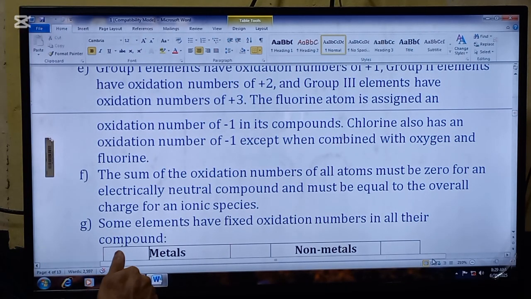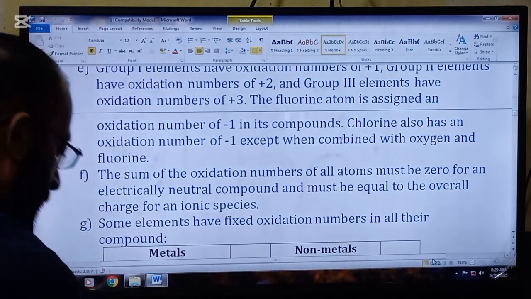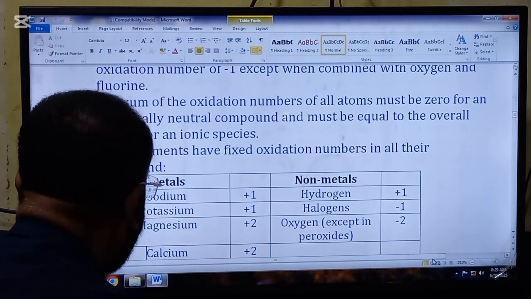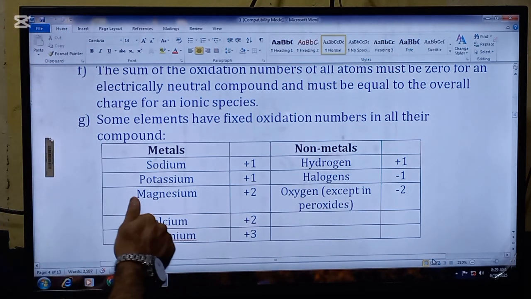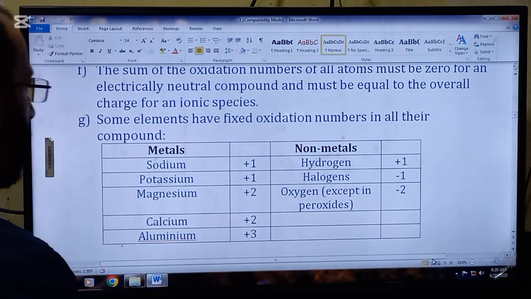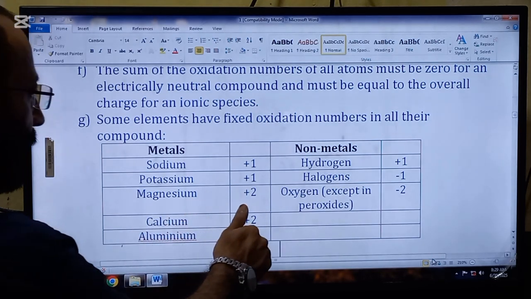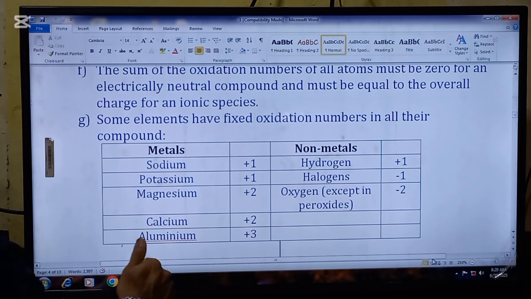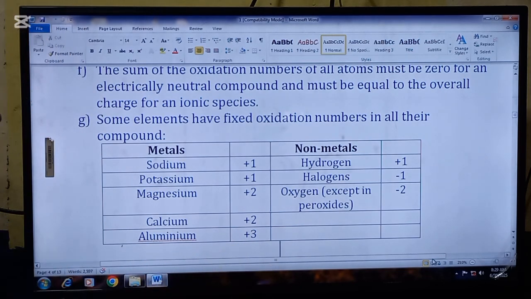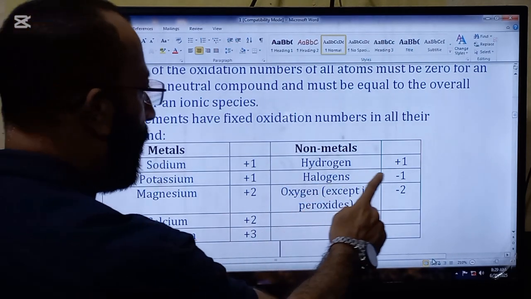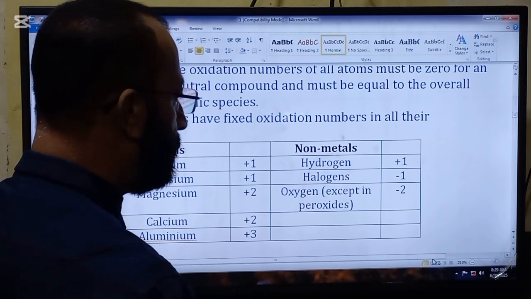Next rule is some elements have a fixed oxidation number in all their compounds. And here are some fixed oxidation numbers. Sodium will have +1, potassium will have +1, magnesium will have +2, calcium will have +2, aluminium will have +3, hydrogen will have +1, halogens will have -1.